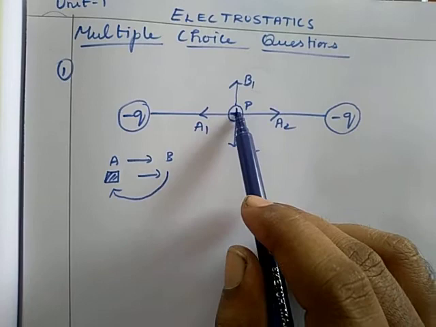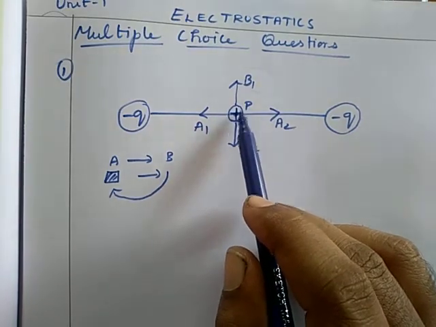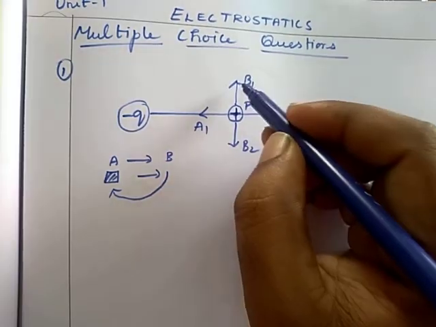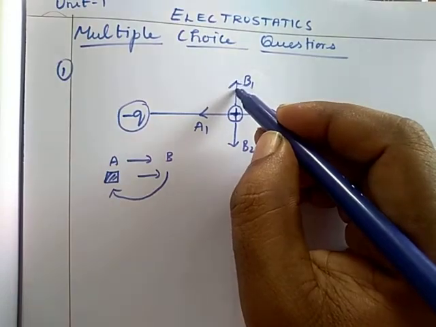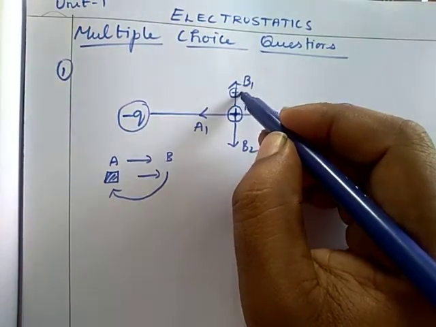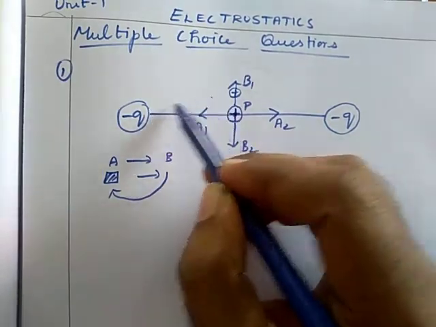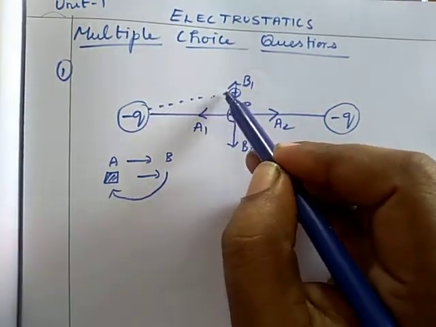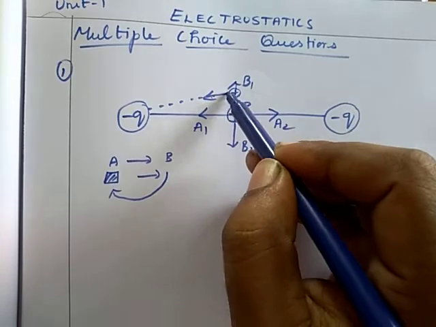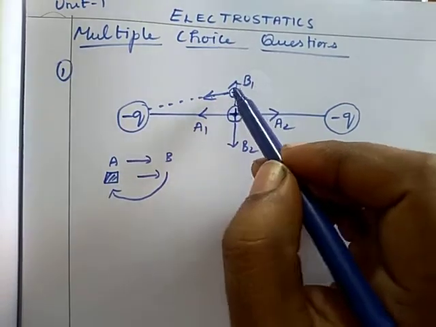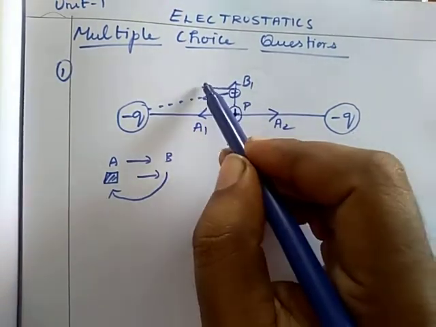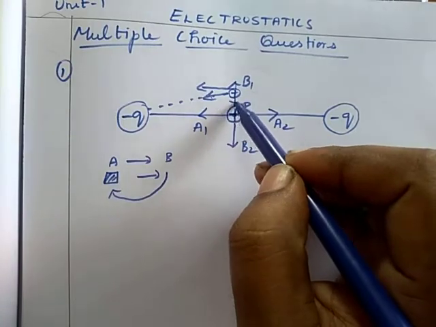If this plus q charge moves towards B1, if I place the charge here, then there will be a force in this direction. Here this force will be split into two components. One is the horizontal component, the other one is the vertical component.